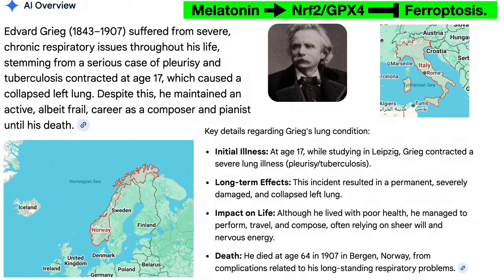Grieg would travel from Norway to Italy to gain the light and warmth of that country. Although he loved Norway, he believed the conditions were killing him. He could not go through a Norwegian winter. So certainly by getting the sun of Italy, he was stimulating melatonin, boosting NRF2 and GPX4, suppressing ferroptosis from lingering latent tuberculosis in his right lung.